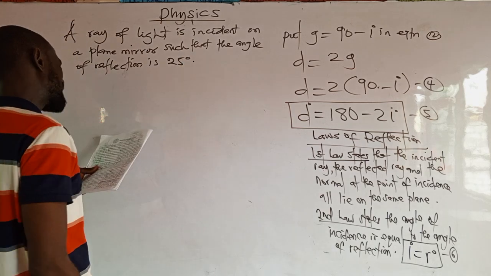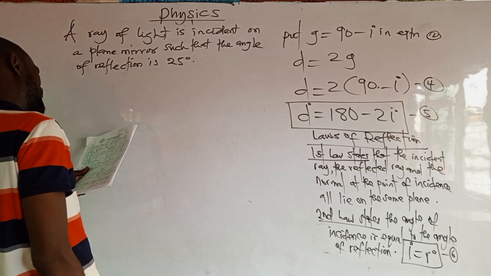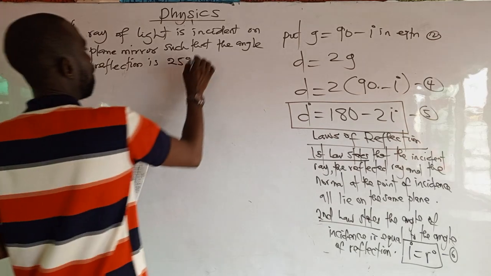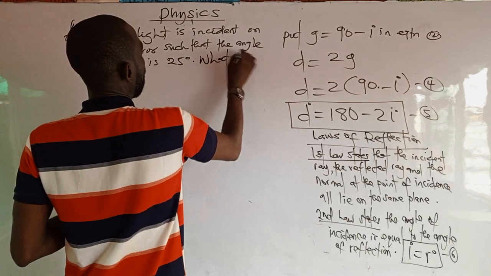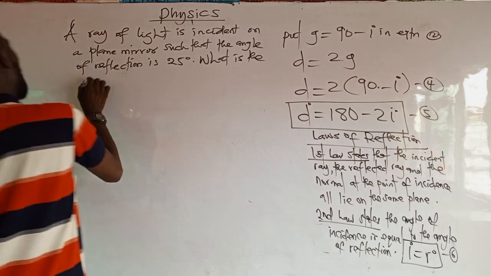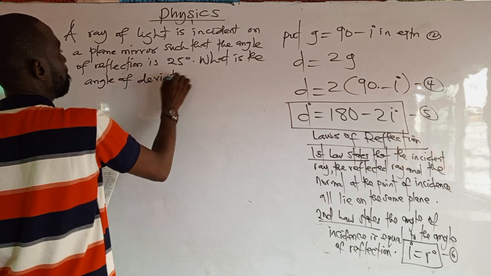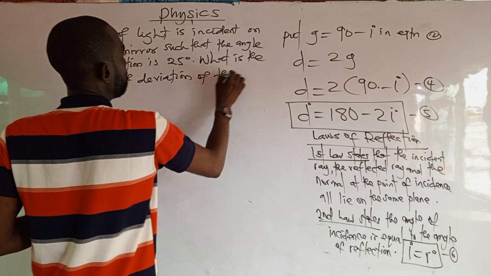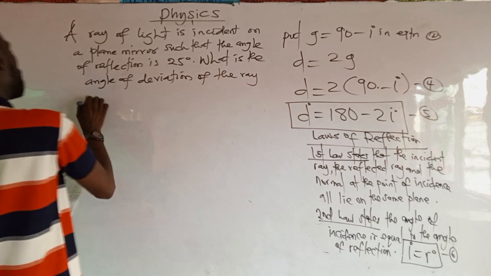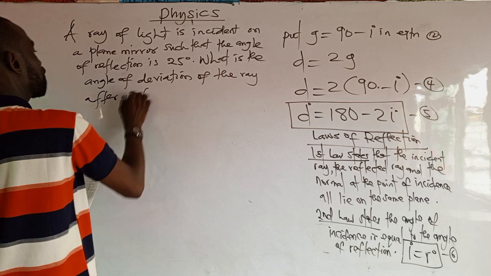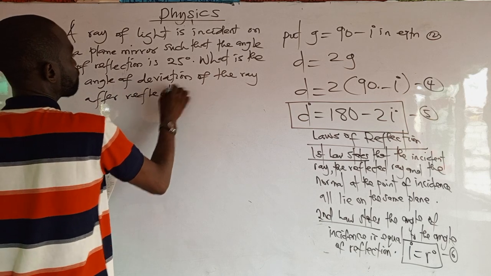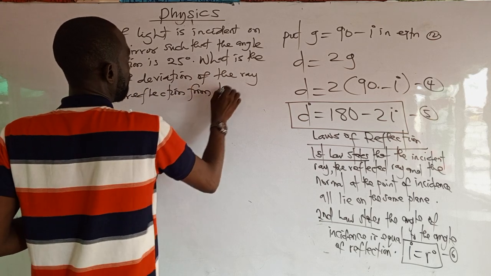What is the angle of deviation of the ray after reflection from the mirror?